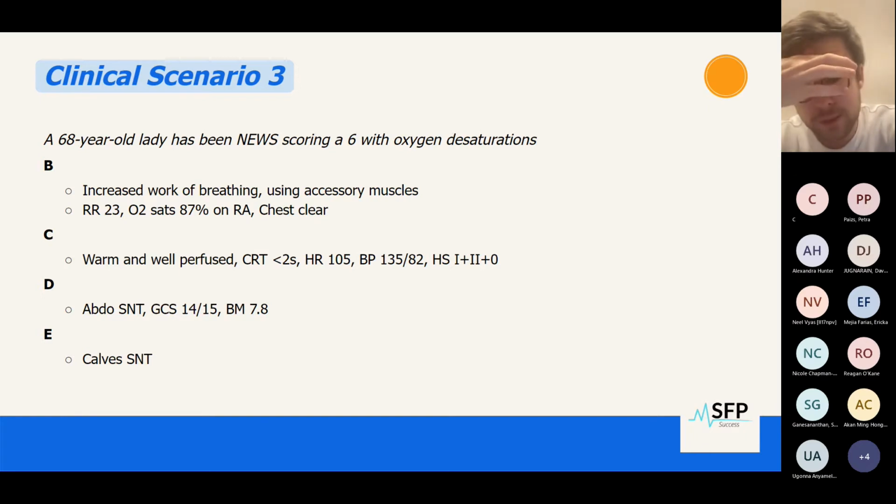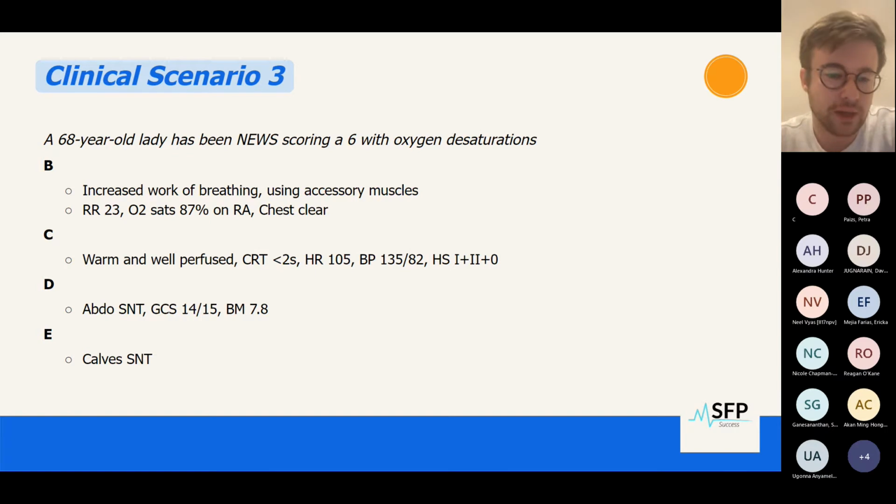So if we just break it down, one of your working diagnoses here was a PE as well as cardiac chest pain. If they're becoming more hypotensive, requiring more oxygen, obviously this is a sign that things are getting worse.